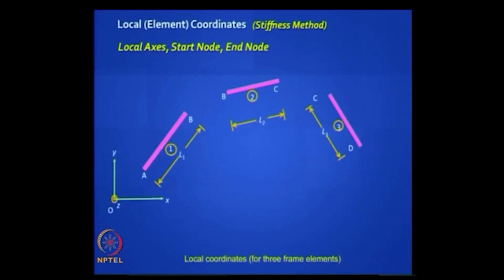Now we will switch from central government to state government. So how do we do that? What do you suggest? Write equilibrium equations? No, we are talking about coordinate system. See, capital of India is New Delhi.